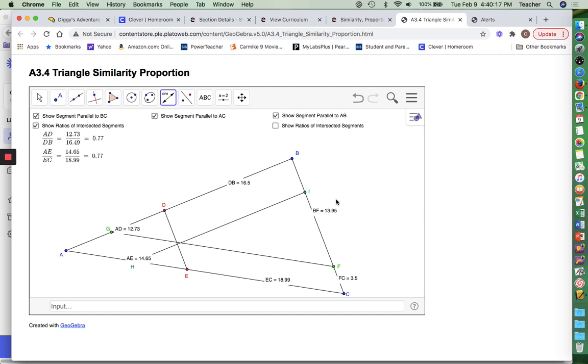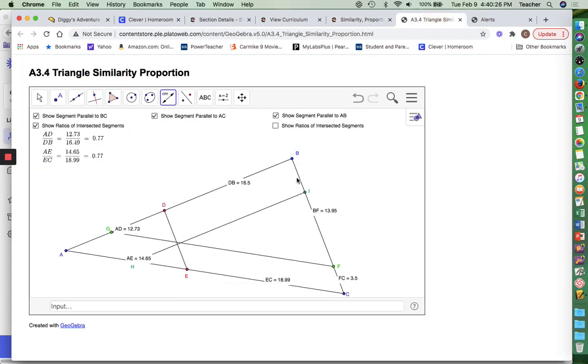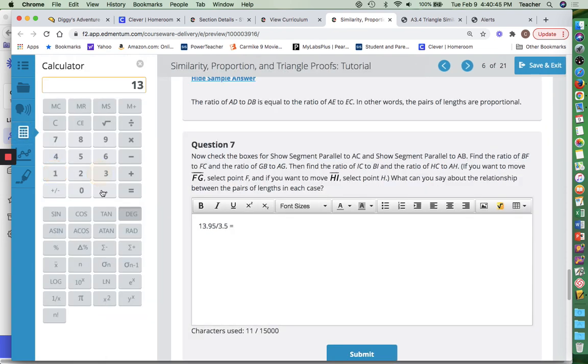All right, so 13.95 divided by 3.5. Let's divide that. I'm getting roughly a 4. 3.98. I'm going to say 4.